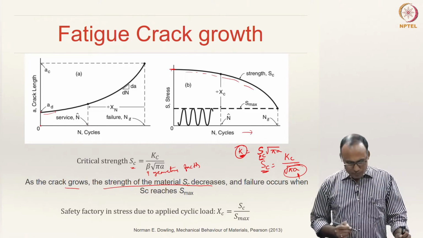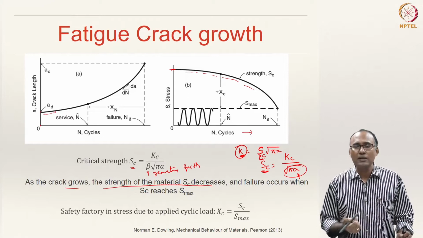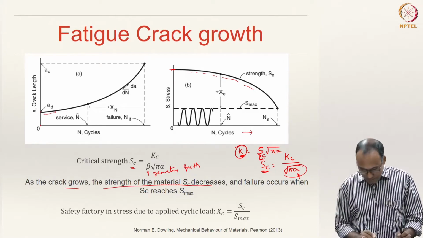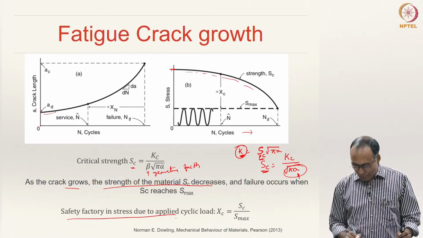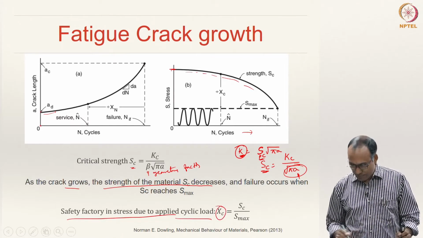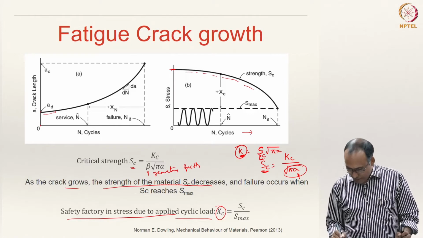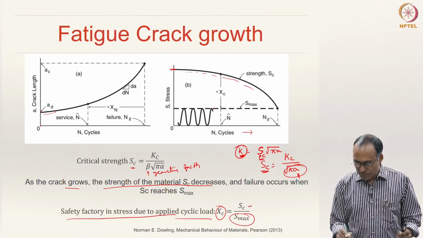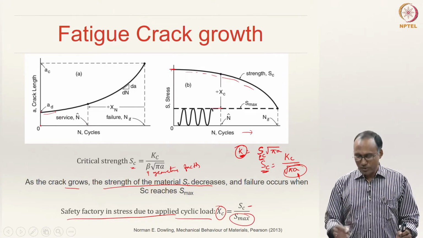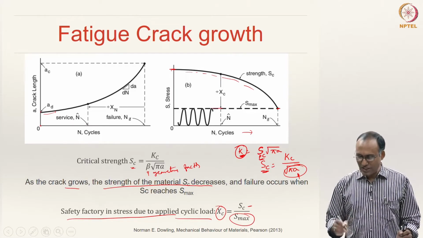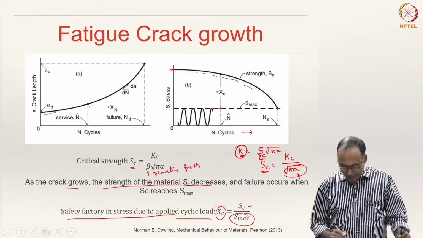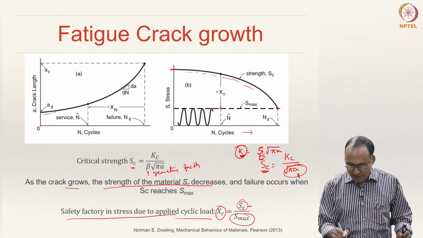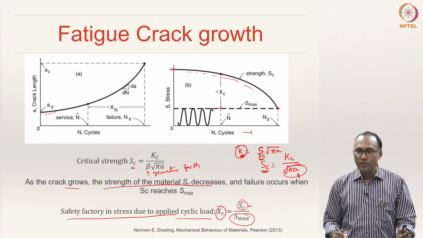Now if n hat cycles is the prescribed life for this component, then the safety factor in stress due to applied cyclic load Xc is given by Sc divided by S max. So S max is the stress at which it actually fails, and Sc is the residual strength in the material.